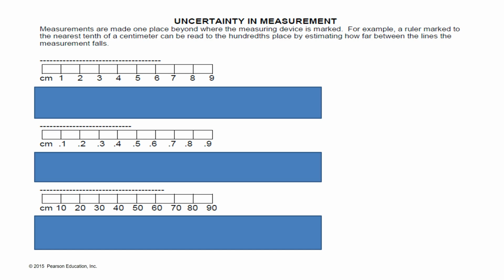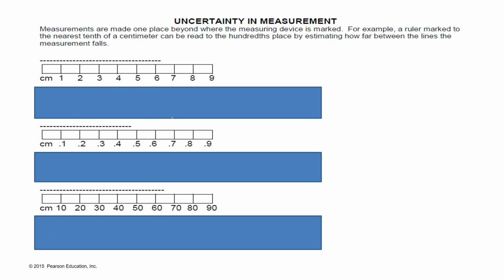All right, it measures to the 10th. And then what can we guess about when it's in between 2 tenths? Yeah, we can measure to the hundredths place. I mean, we can estimate to the hundredths place on this one. On this one, what's the best estimate we can do on this? To the tenths. All right.